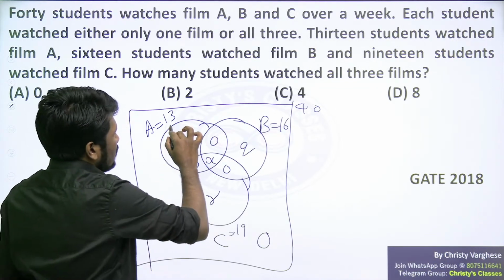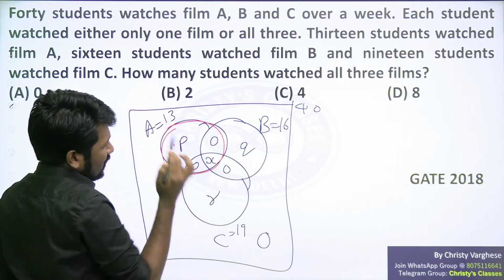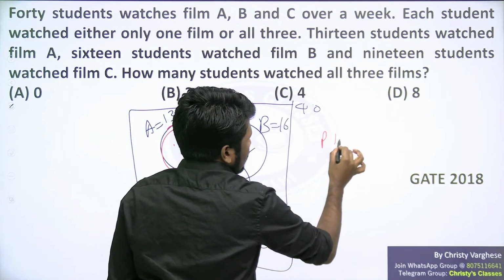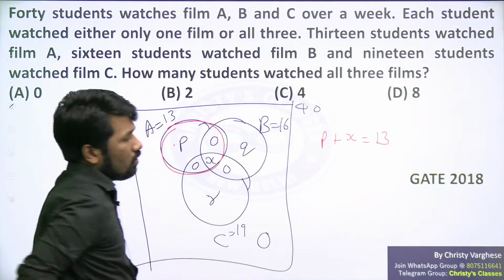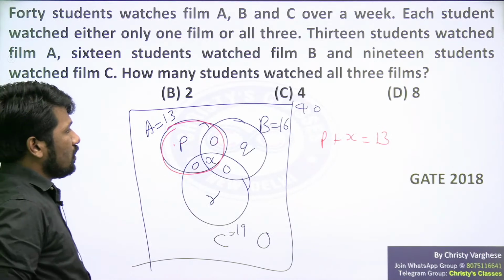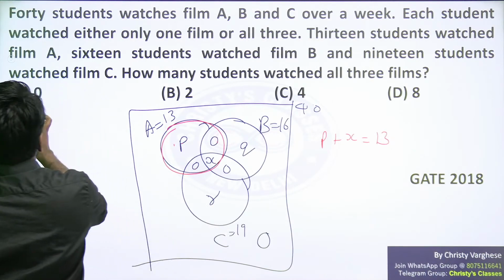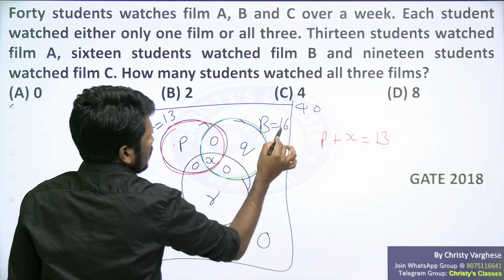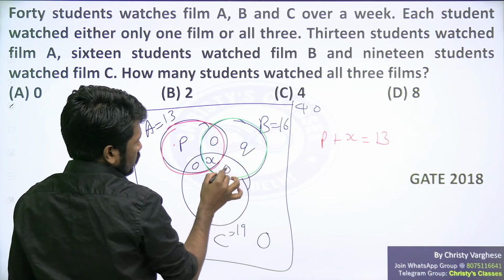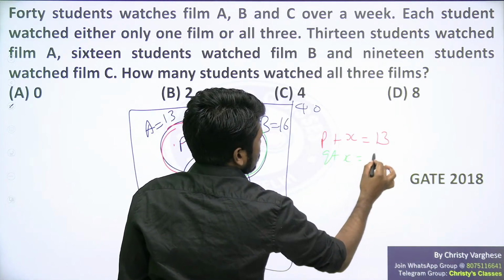So this circle is P plus 0 plus X plus 0, which will be 13. So the first equation you can write is P plus X is equal to 13. Are you all clear with that equation? Similarly, the second equation you can form from the second circle, B circle: 16 is equal to 0 plus Q plus 0 plus X, or Q plus X is equal to 16.